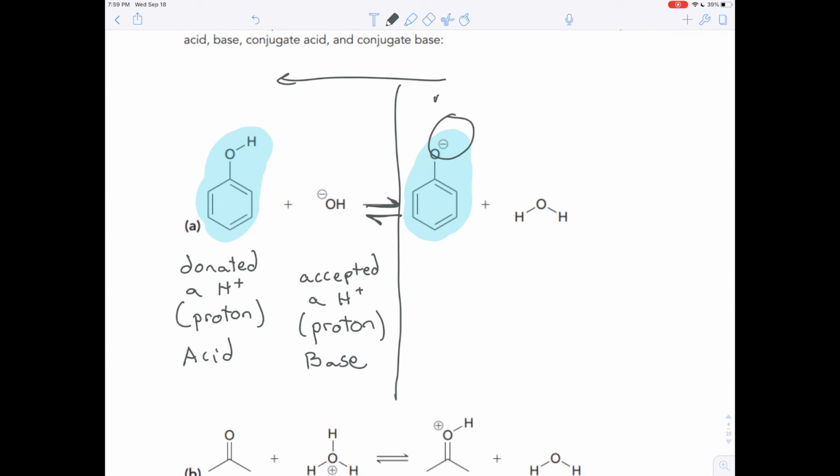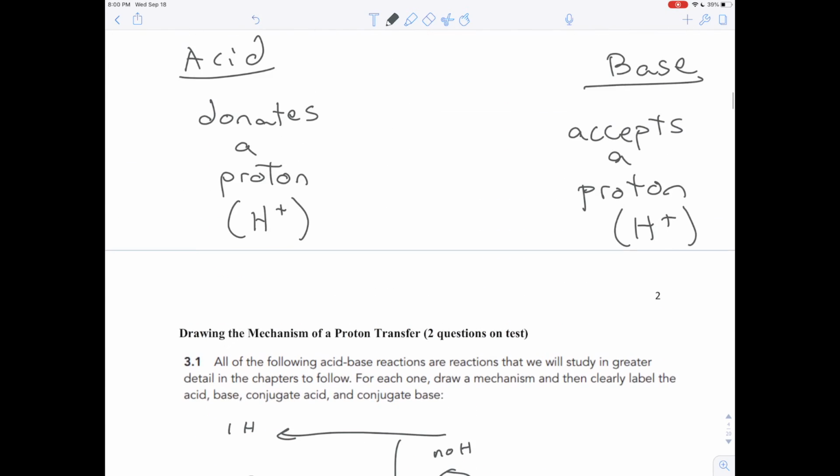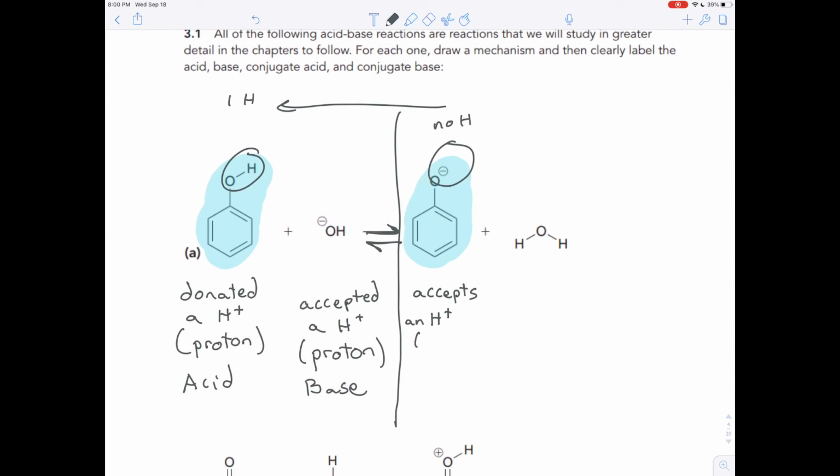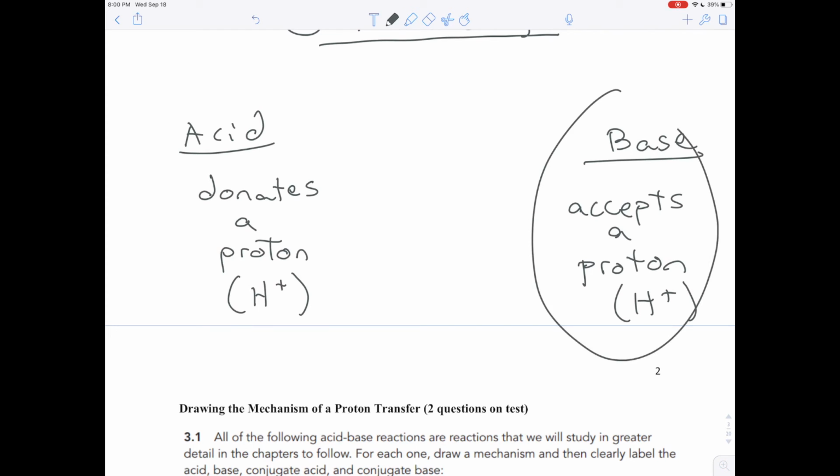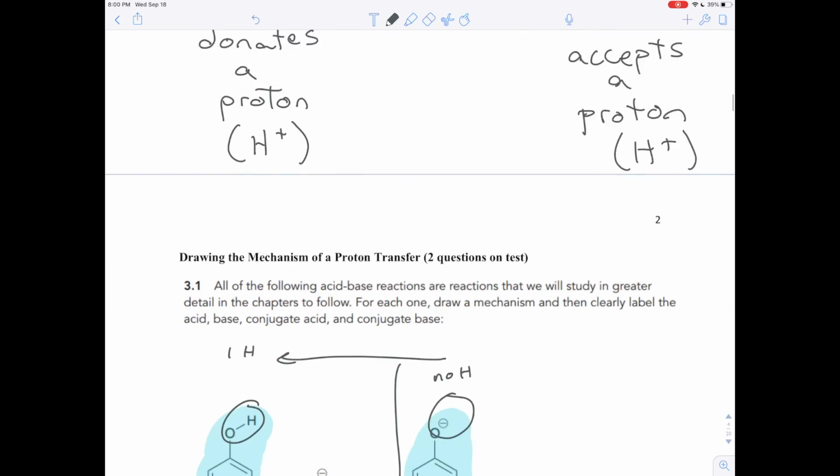Notice here, there's no hydrogen in that place, and here, there's one hydrogen. So as the molecule goes from the right to the left, it gains or accepts a hydrogen. And H+ is just another way to say a proton, so if you accept a hydrogen, that makes you a base, according to this Bronsted-Lowry definition.